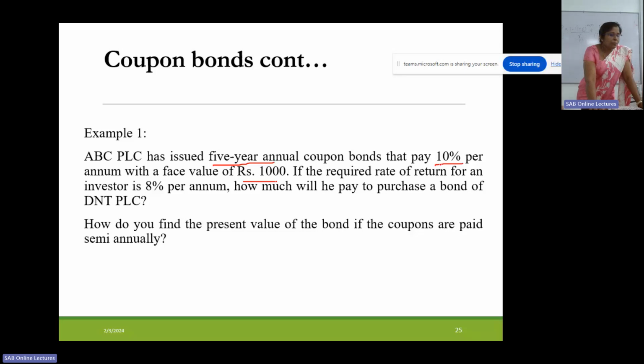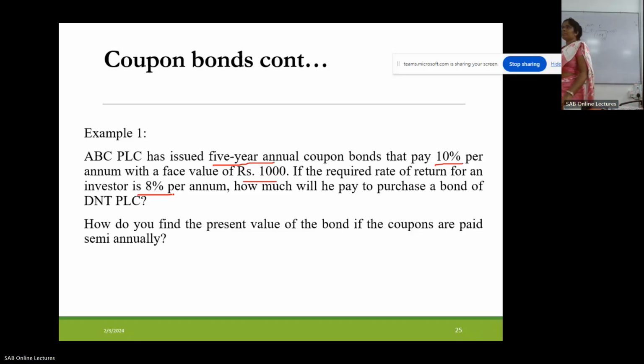If the required rate of return for an investor is 8% per annum, then there are two rates. One is the coupon rate, the other one is the investor's required rate of return. If the investor's required rate of return is 8% per annum, how much will he pay to purchase a bond of ABC PLC?